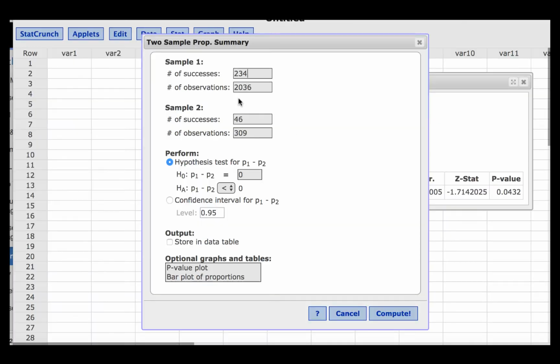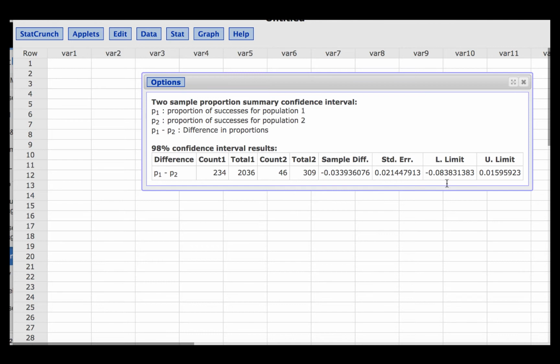So using the same values for Group 1 and Group 2, we would then select confidence interval and make sure that our confidence level is 98. Click Compute, and this gives us a lower limit of minus 0.0838 to 4 decimal places and an upper limit of 0.0160 to 4 decimal places.